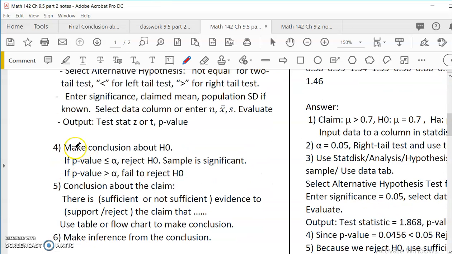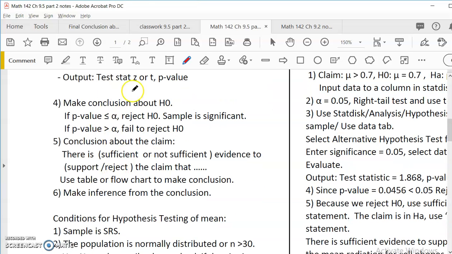And then, of course, the last two steps are about the conclusion about X0 based on your p-value. If the p-value is less than or equal to alpha, you reject X0. You have a significant sample. And if not, if your p-value is large, that means it agrees with your null hypothesis, then you say fail to reject X0. Exactly the same as in proportion.